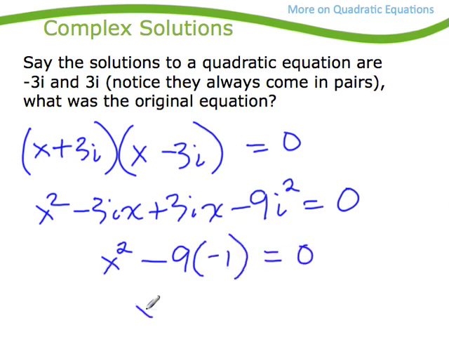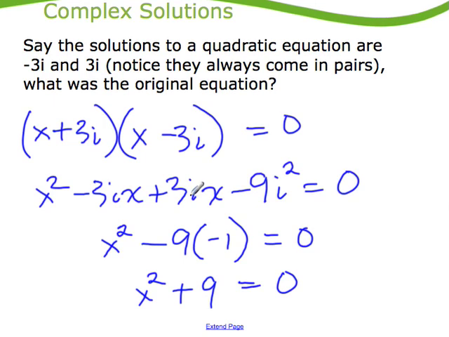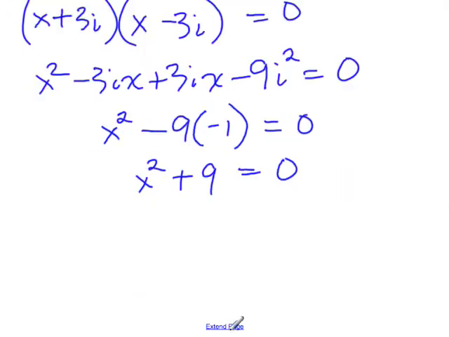So I'd get x squared plus 9 is equal to 0. And that would be my original equation that gives me those two solutions.